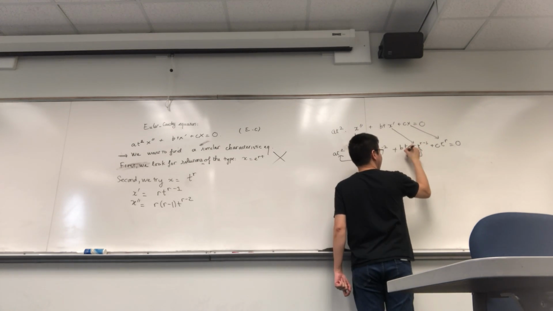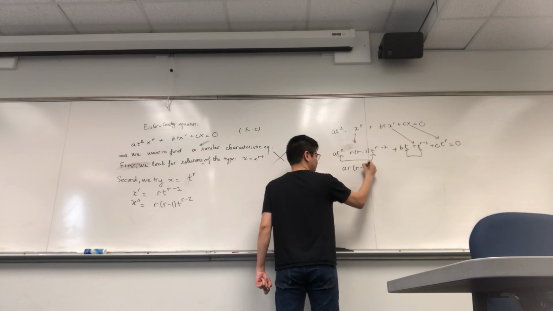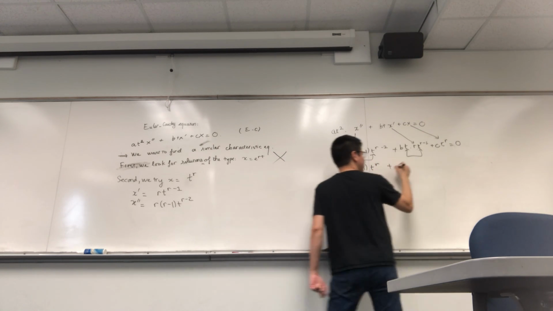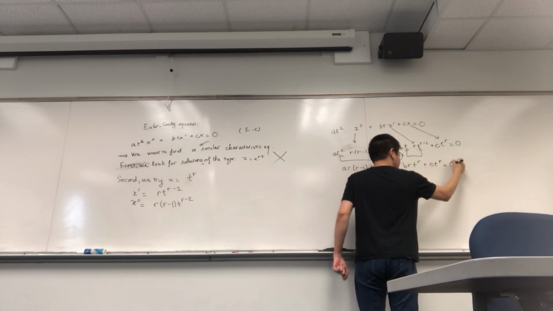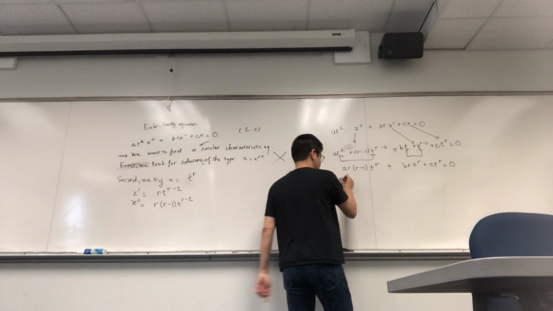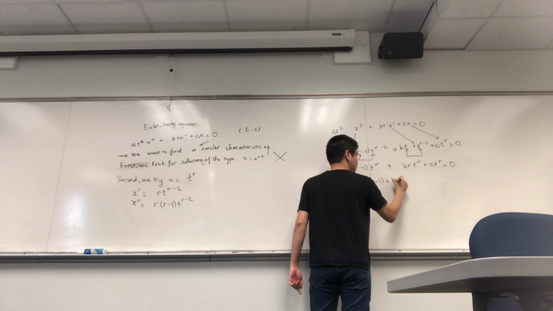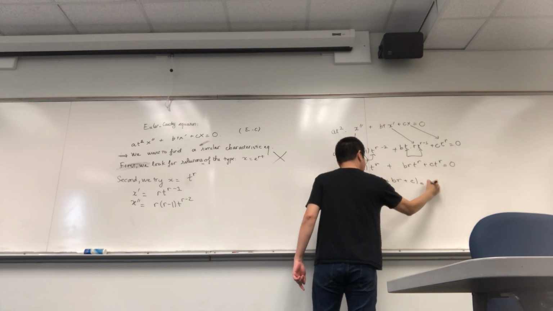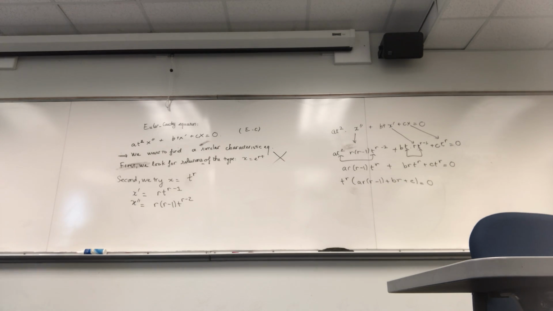And this is also t to the r, so you have a r times r minus 1 t to the r plus b r t to the r plus c t to the r. Right? I can factor t to the r outside, so I have a r times r minus 1 plus b r plus c is 0. All right? That's good.